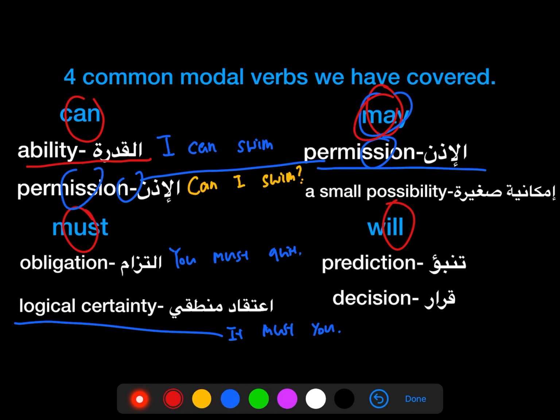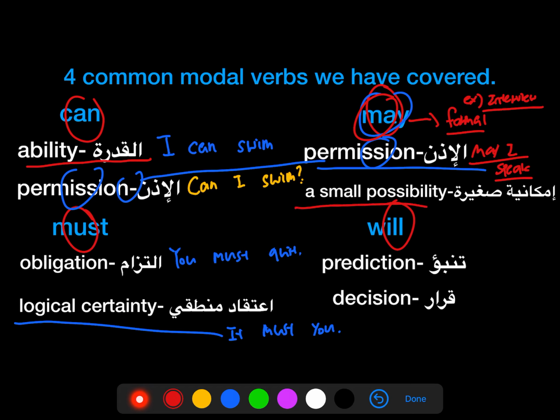But remember, we use may when it comes to permission. It's a bit formal, like a job interview. Like, may I speak? This is really formal. May I speak? And can I speak is a bit different mood. Same meaning, but different situation.